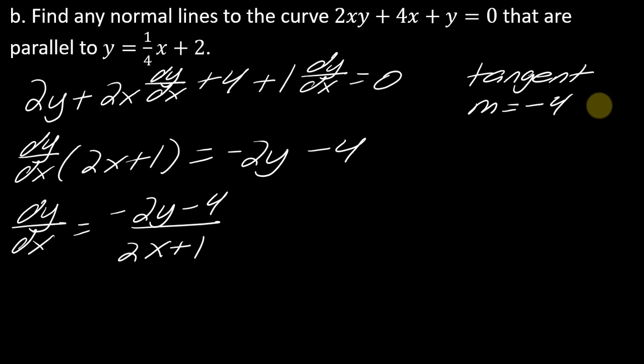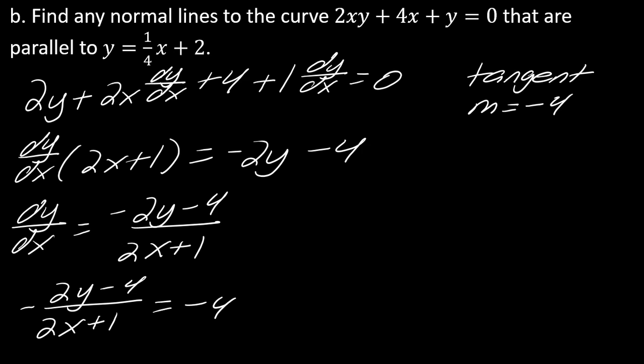So what does this have to do with this? This needs to equal -4. That's ultimately what I have to figure out, is how can I choose some points to make this equal -4.